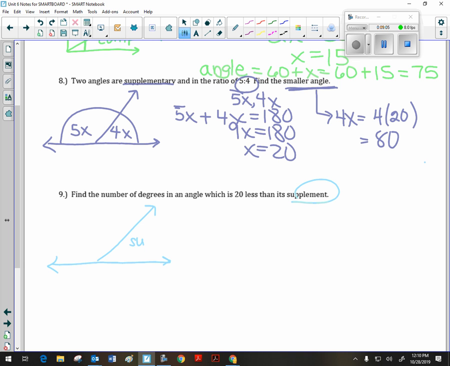So if this angle is the supplement and I label it as x, this is going to be the angle which is 20 less than that. All total though, one of the things that I know is that those two angles add up to 180 because they sit on that straight line. So my x minus 20 plus the x, the angle and its supplement, add to 180.